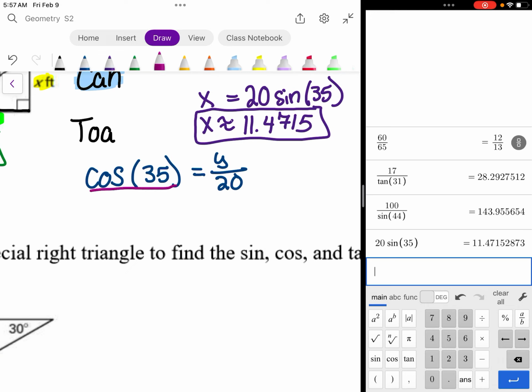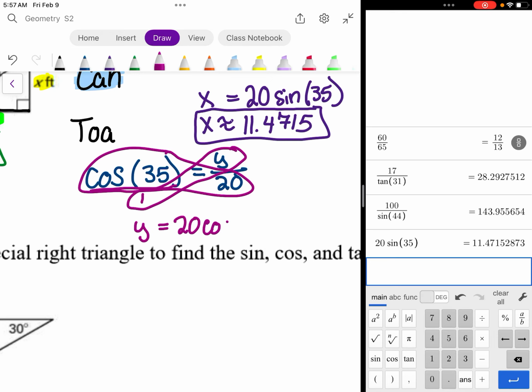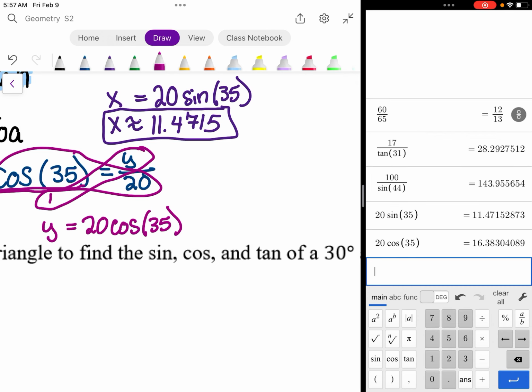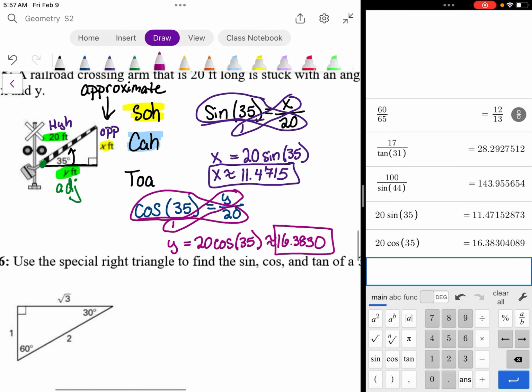Then with that equation, we can cross multiply, and that will give us y equals 20 times the cosine of 35. And because y is by itself, we can go ahead and just type that into our calculator, which gives us about 16.3830. And that would be the length of the bottom of our triangle.